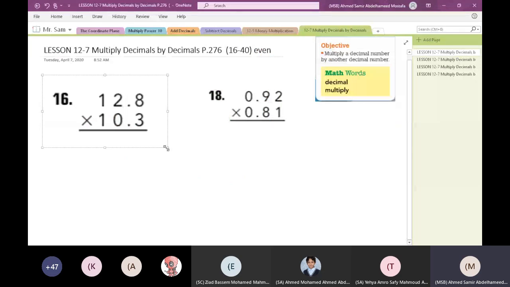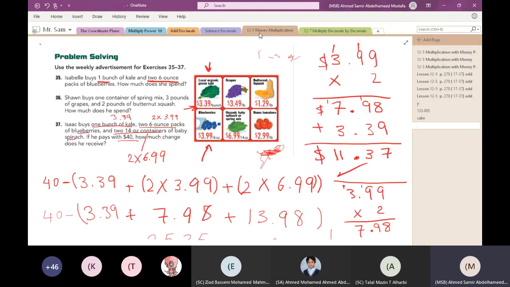Sir, the answer for number 37 is 24.95? The answer for this number 37?